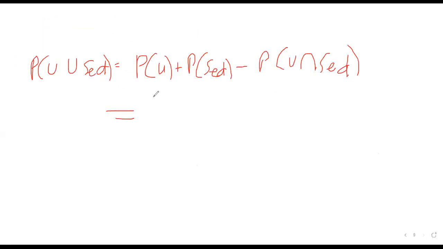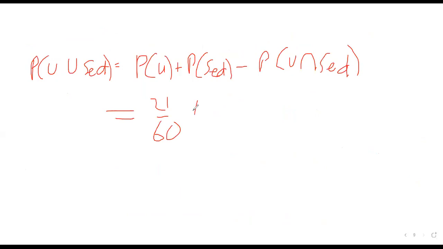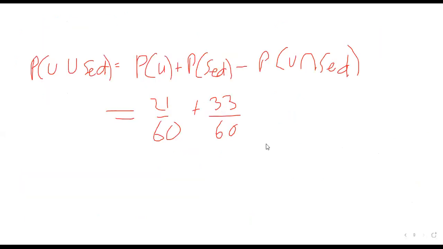And SUV? 33 over 60. And the intersection of used and SUV? 9 over 60. So minus 9 over 60.